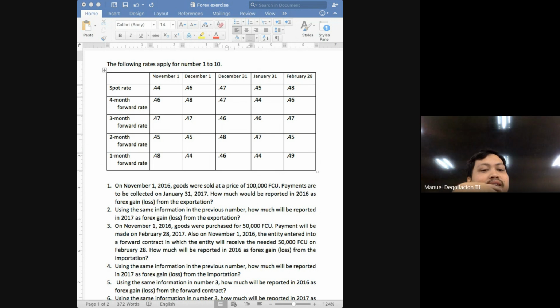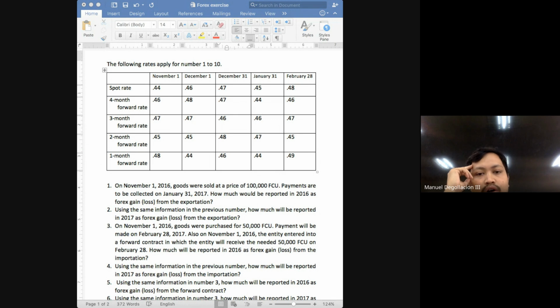Now, it's important, class, that if the transaction involves only importation and exportation, the only rate that we will be concerned with would be the spot rate, class. If the transaction simply involves importation and exportation, we will only be using the spot rate. Always use the spot rate for your importation and exportation transactions.